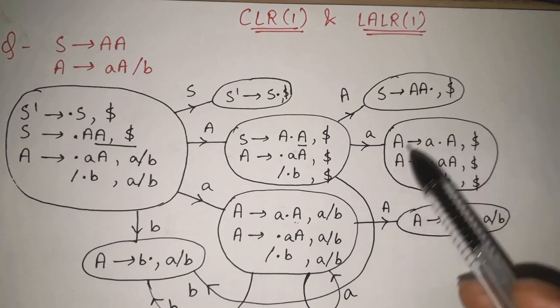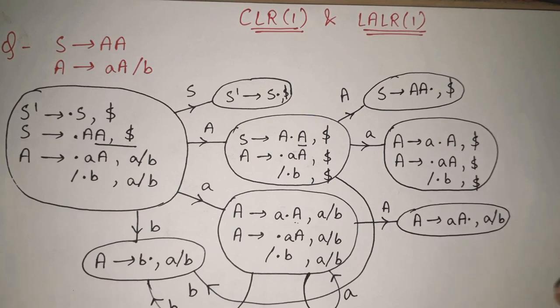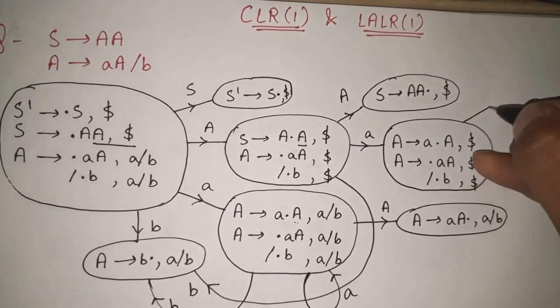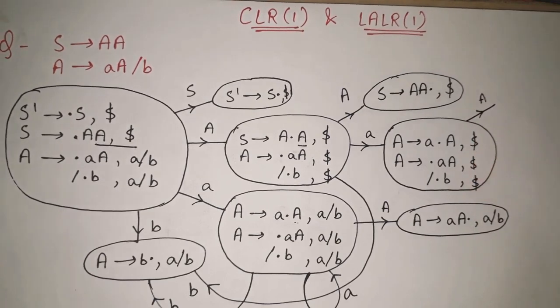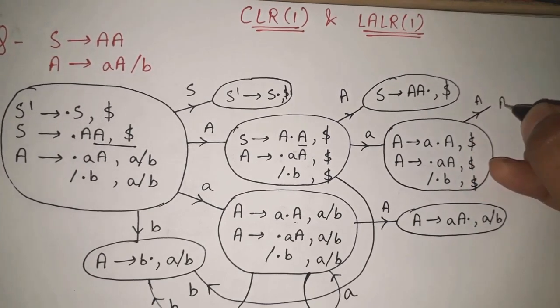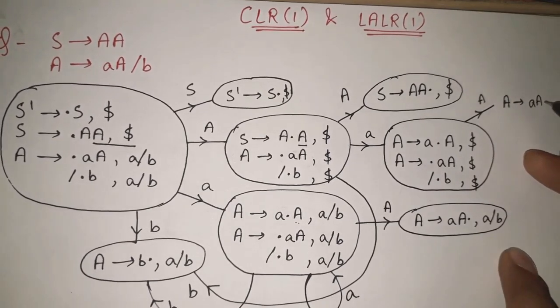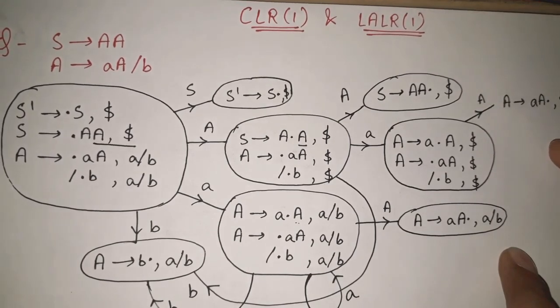But for this state I have to work again, right? So for capital A I will be having one production. For capital A, what I will be having? I will be having A gives a dot, a dot, and this will be dollar as it is.